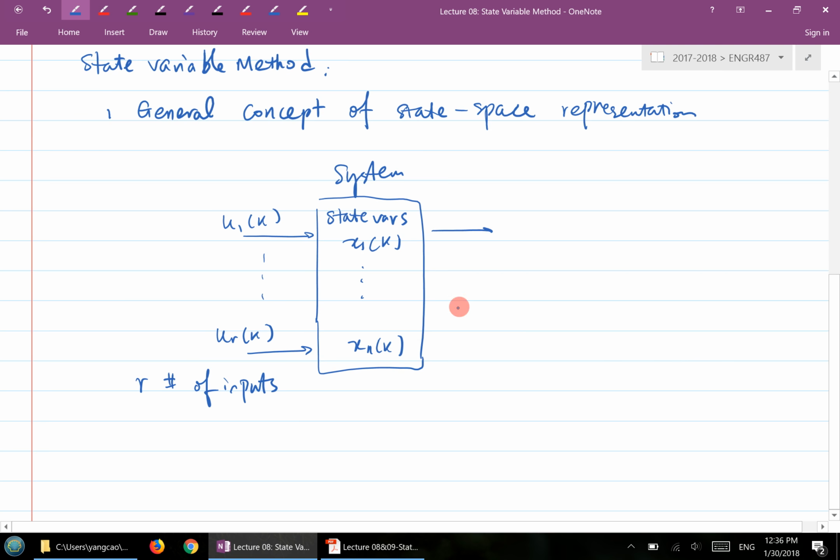And of course you could have more than one output, y1 of k to yp of k, so there are p number of outputs. And then there are n number of state variables.